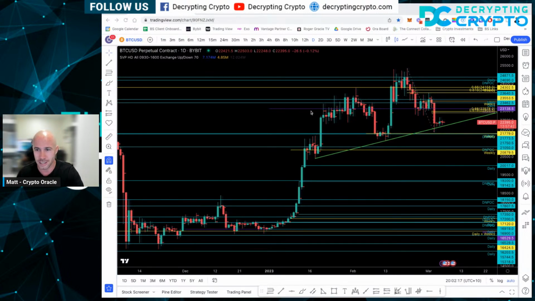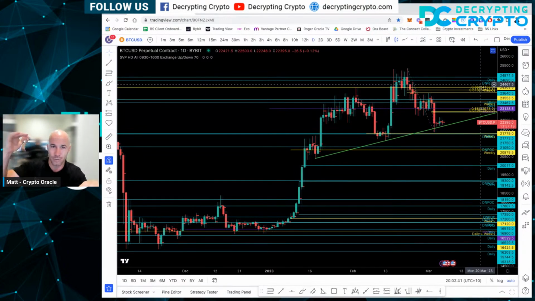So basically, you'll see a few different colored lines on here. In blue, you have a daily resistance level. Another blue is the naked point of control. That is where Bitcoin gets traded the most in a single day. That's usually called a point of control. You tend to move the following day up or down from that point of control.